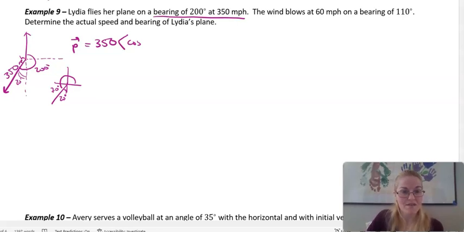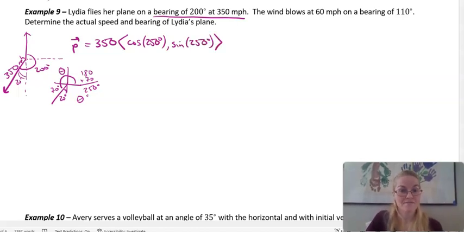So 180 plus 70 gives me 250 degrees as the direction angle theta. All right, so we can say ⟨350 cosine of 250 degrees, 350 sine of 250 degrees⟩ is the plane's velocity vector.